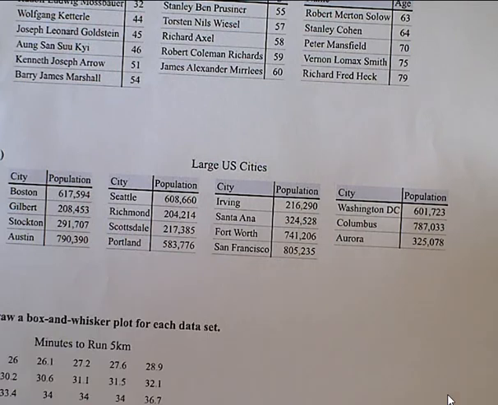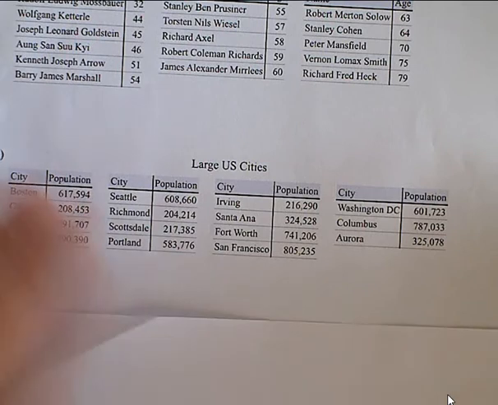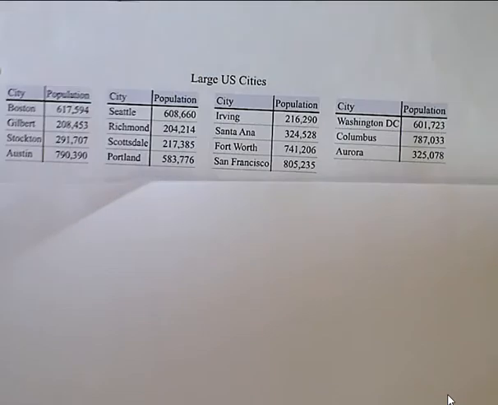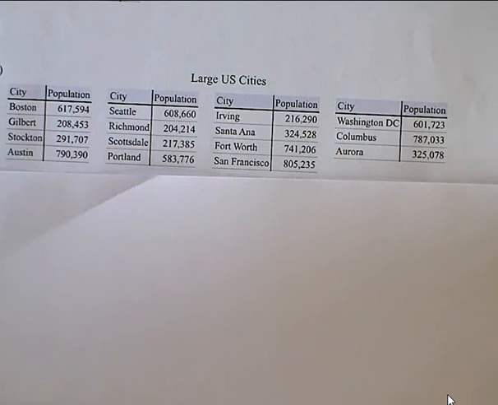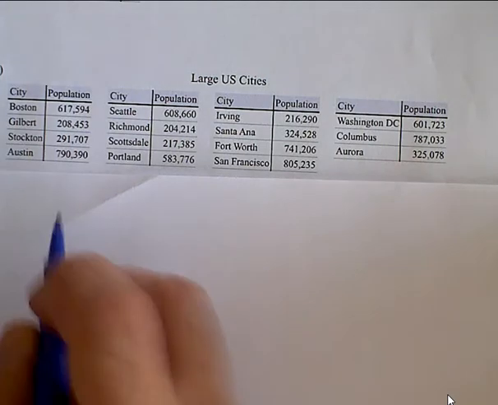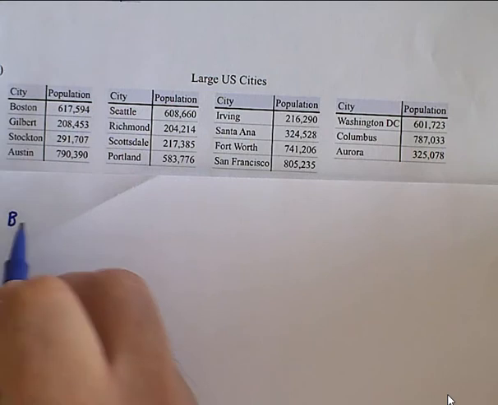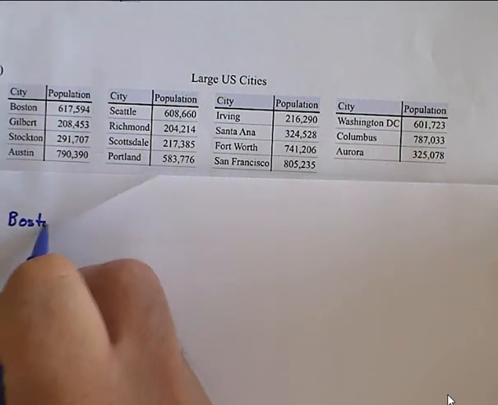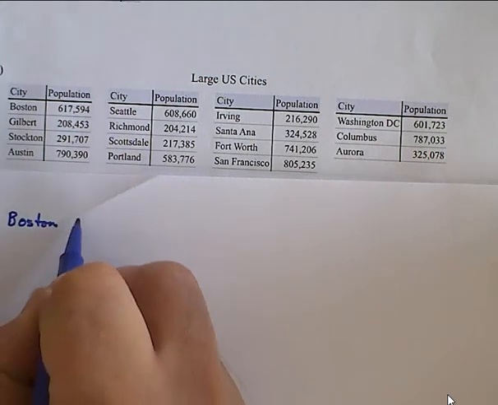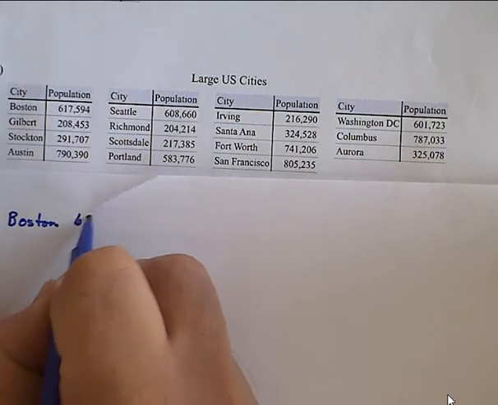There are different ways you could do this, but here's how they chose to simplify this. They rounded each one of these to 2 digits. So for Boston, they rounded to 620,000.